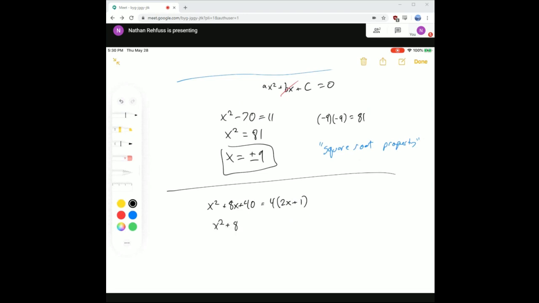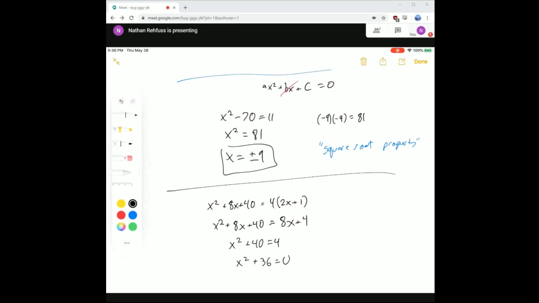And then I'll try to move everything from the right side to the left side so that the right side has nothing on it. So I've distributed the 4 to the 2x and the 1. And now I'm going to subtract 8x from each side and then subtract 4 from each side. So when I subtract the 8x's, well, they actually cancel out of the left-hand side. And then subtract the 4's.